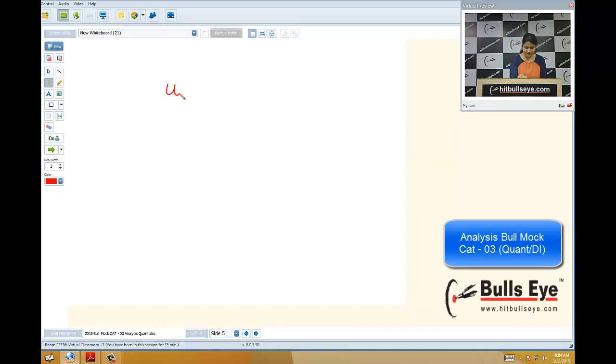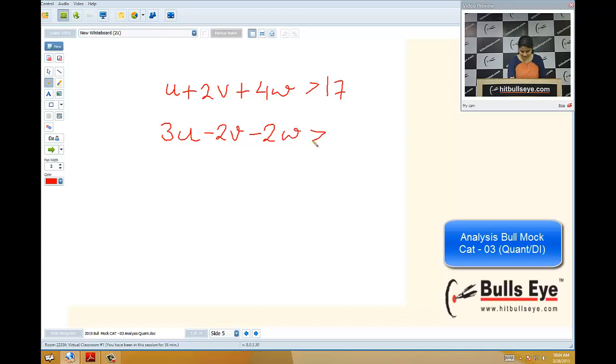If I put 1 by x as u, 1 by y as v, and 1 by z as w, I am getting u plus 2v plus 4w is greater than 17. That is my first equation. What is my second equation? This is 3u minus 2v minus 2w is greater than 9.